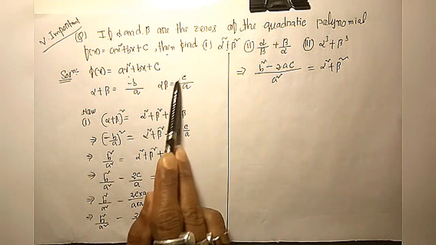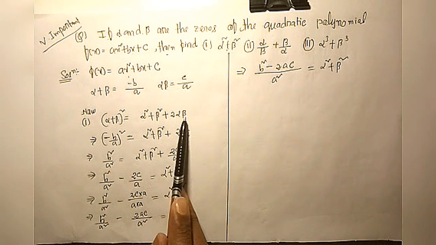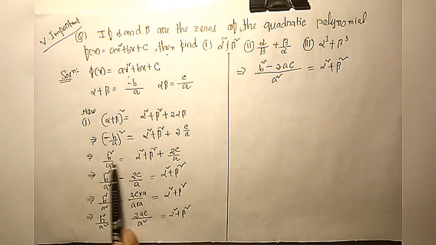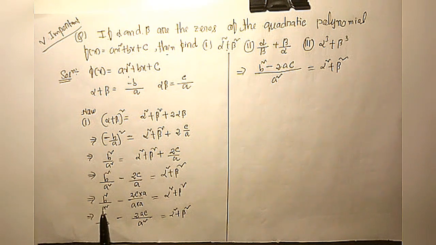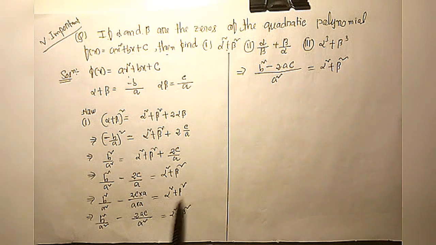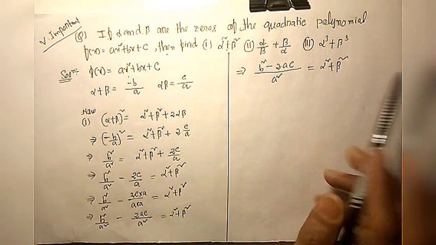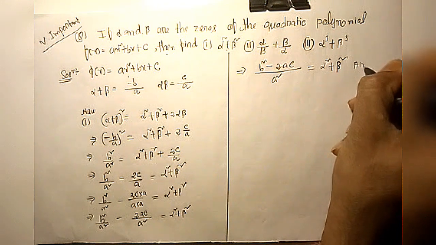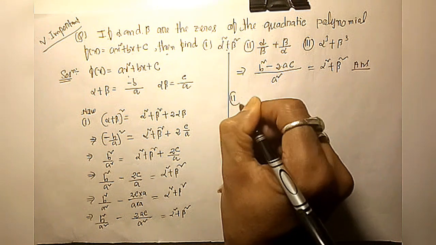After finding the values of alpha plus beta and alpha beta, expanding alpha plus beta whole square and putting the values, after simplifying we get b square minus twice ac by a square equals alpha square plus beta square.